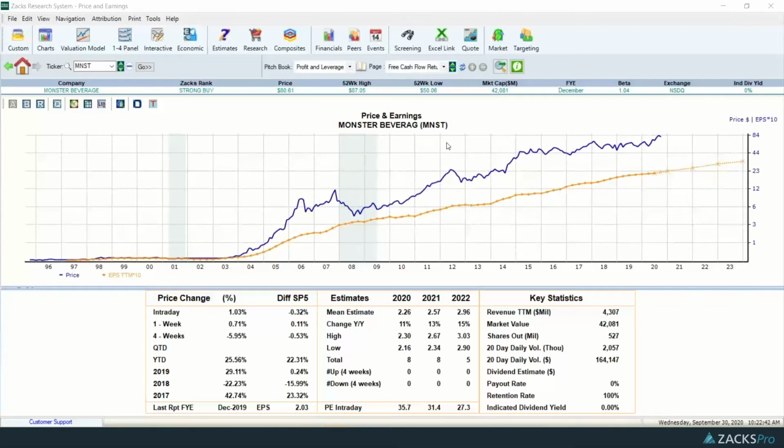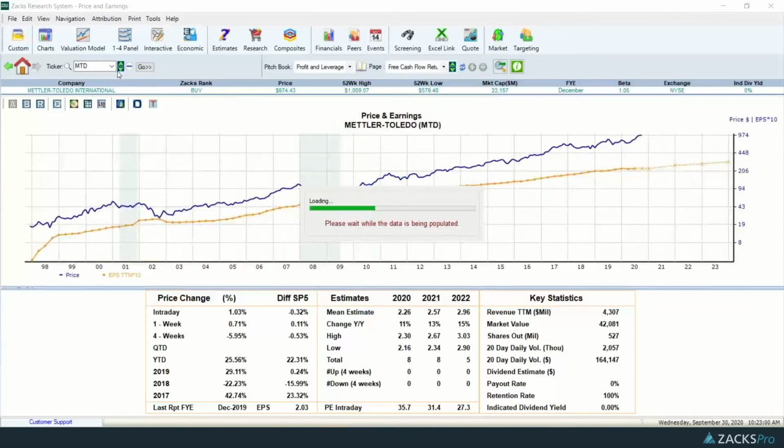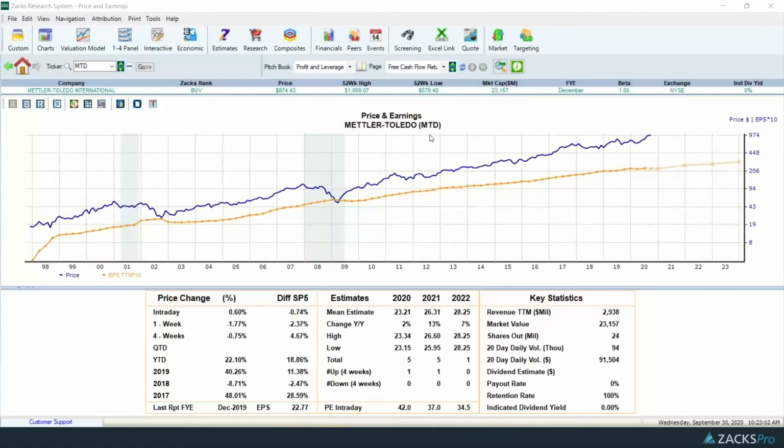If you have children or are addicted to the energy drinks yourself, you'll know the name Monster. They're also big into the adrenaline sports sponsorships, so you've seen their name everywhere. Just massive, consistent growth from Monster, and more than happy to add them to the family. Mettler Toledo is probably not a well-recognized name, but as you can see from the earnings line here, absolutely spectacular growth.